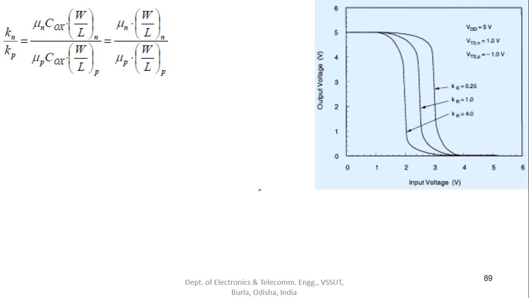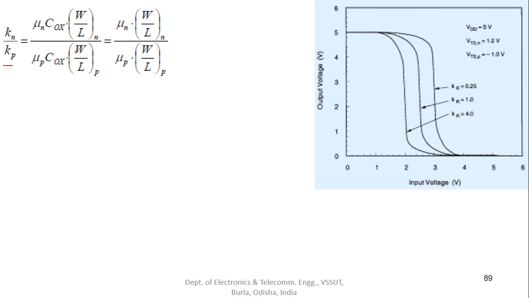And we have seen this diagram earlier, but again let's go through this. We know that Kn by Kp is nothing but Kr. Put up the expression for Kn here, that is, Kn is mu n C oxide W by Ln, and Kp is mu p C oxide W by Lp.